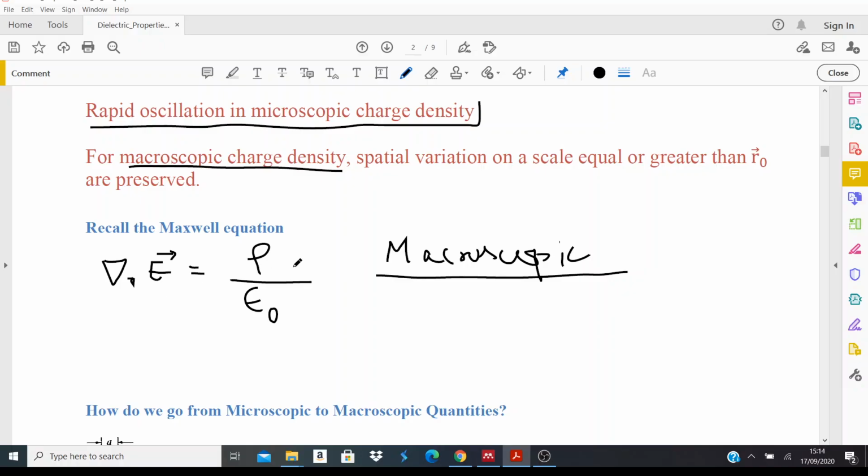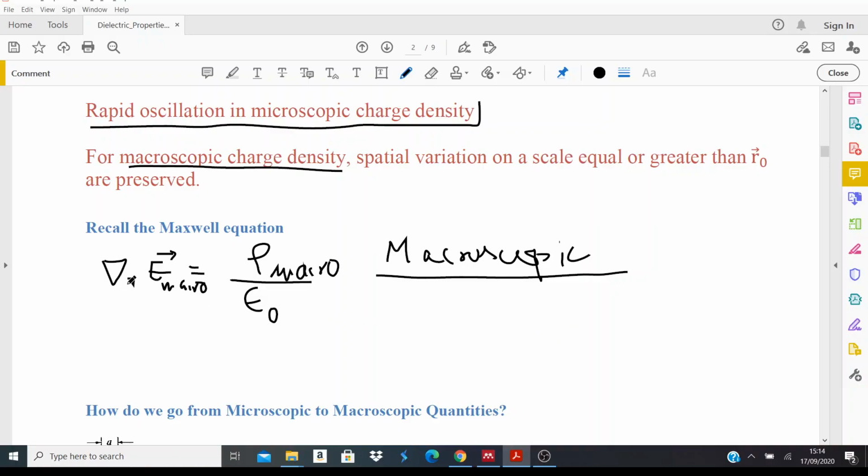To be more explicit, one should really say that this is a macroscopic charge density and this is a macroscopic electric field, but we often don't do it because it is implied that if we don't mention it, then the obvious thing is it's a macroscopic quantity.